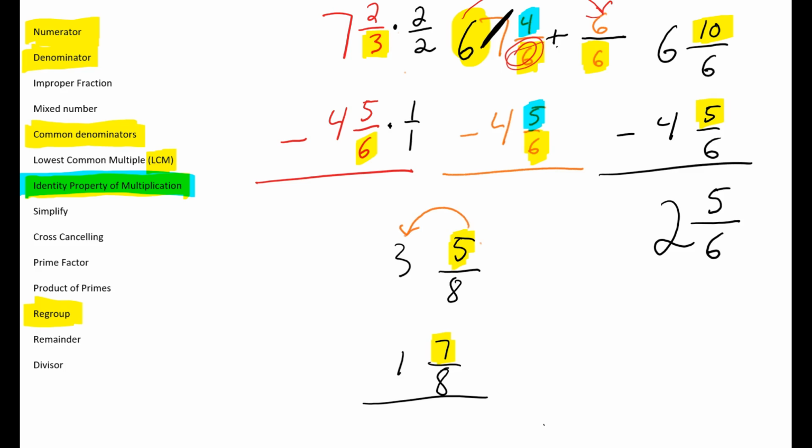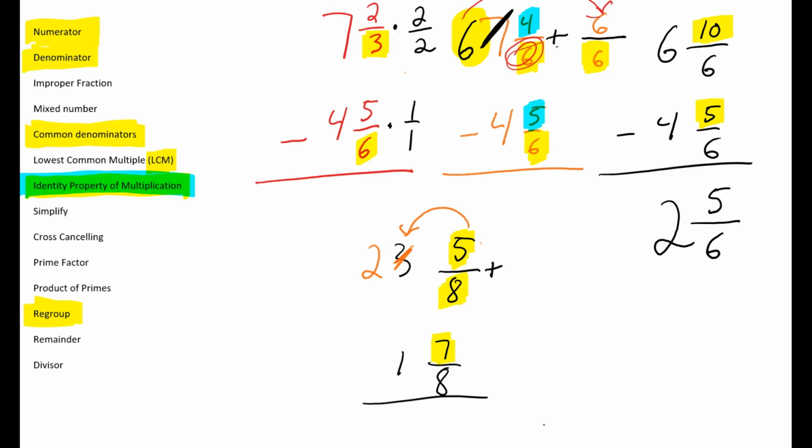And how do I do that? Well, I need to add the 1 to this fraction. So I'm going to cross off my whole number. I'm going to put a 2. I'm going to use that 1 that I borrowed, and I'm going to look at my denominator to know what form of 1 I need.